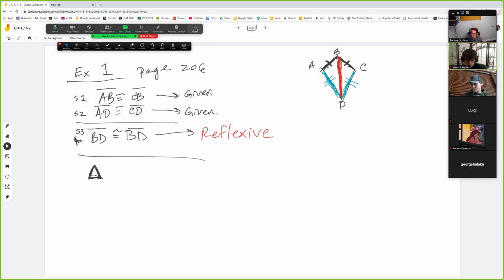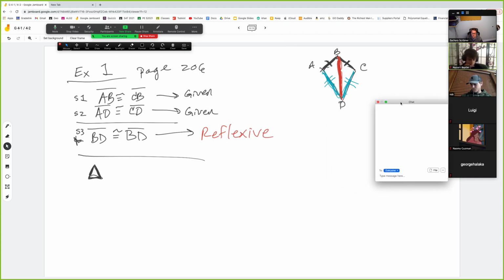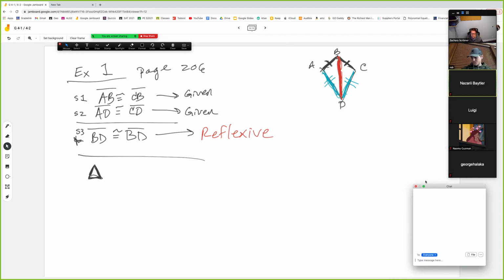Triangle, give me the name of the first triangle, and then give me the name of the second triangle. So what are the two triangles that are congruent? Triangle what is congruent to triangle what? And remember, it does matter the order that you give me the letters.